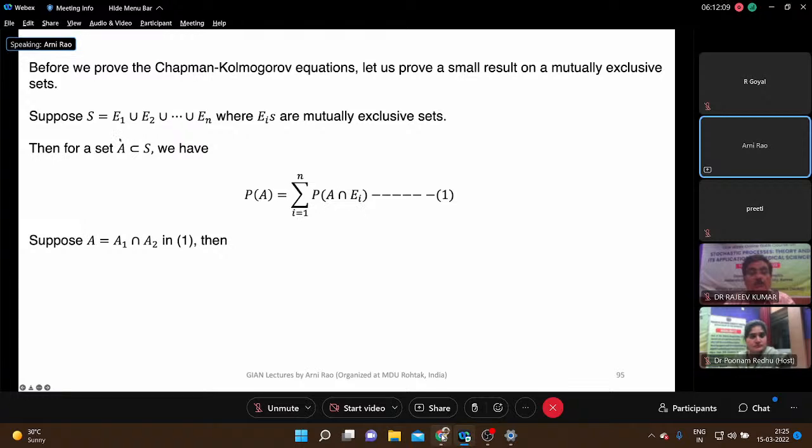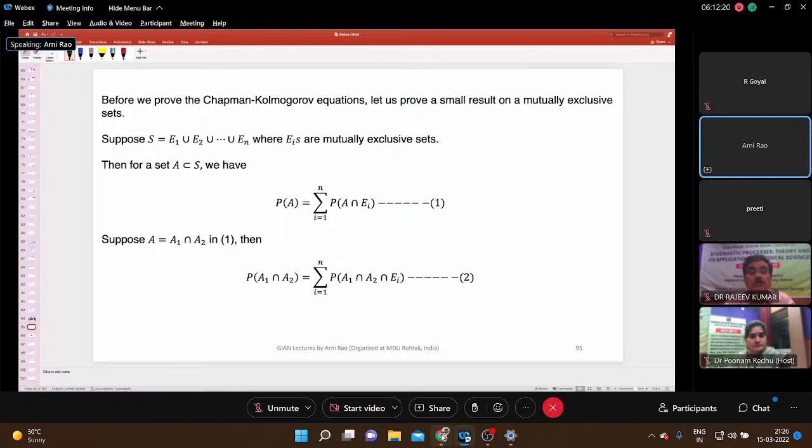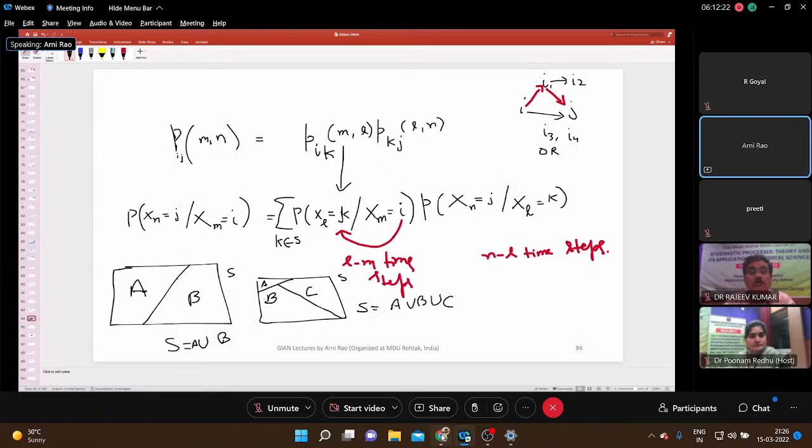Now in this set A, if you take this space A intersection, this small piece has elements from A, this piece has elements from B, the circular piece.